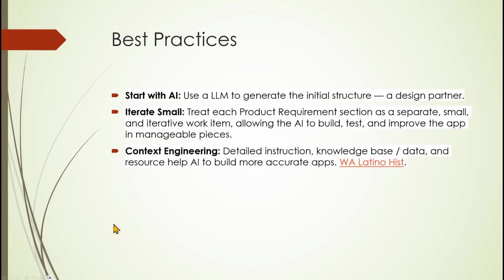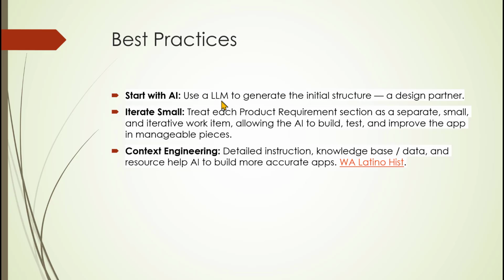All right, so the best practices. I think I already mentioned a few things here. Start with AI. You can ask an LLM to guide you through the initial stages of a vibe coding process and use that as a design partner. And then iterate in small steps.